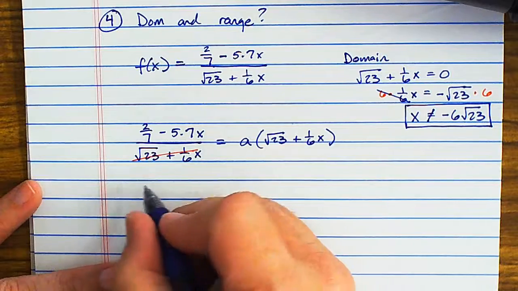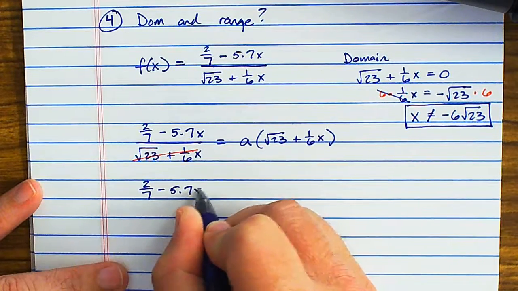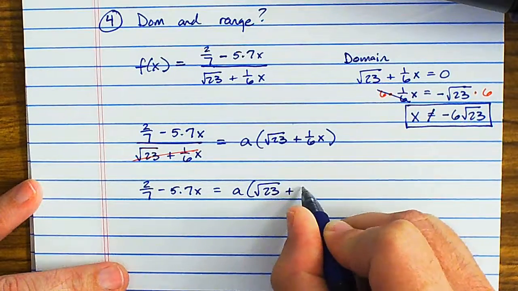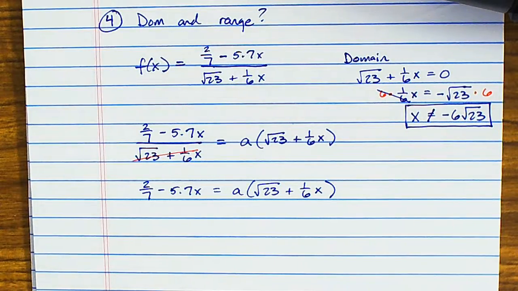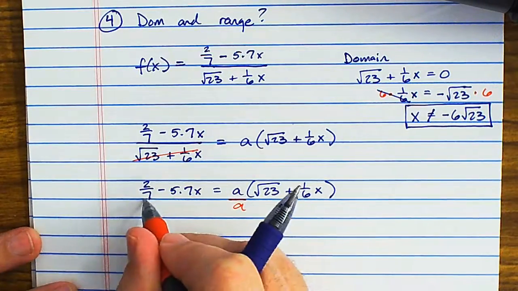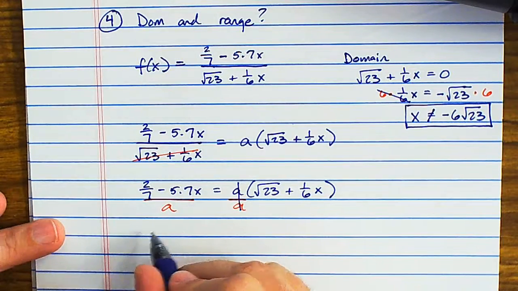I'll rewrite that. So that's 2 over 7 minus 5.7x equals a times radical 23 plus 1 over 6x. I'm then going to divide by a on both sides, which will cancel it here.